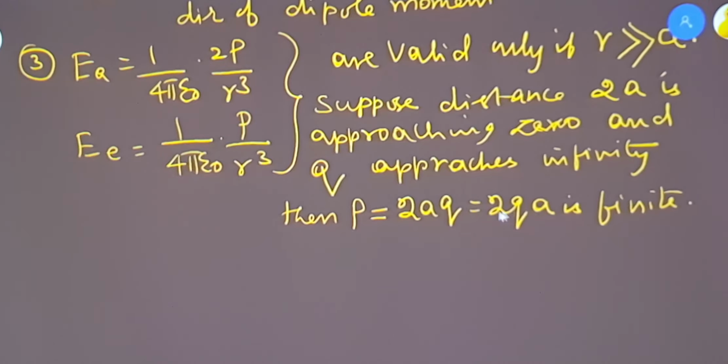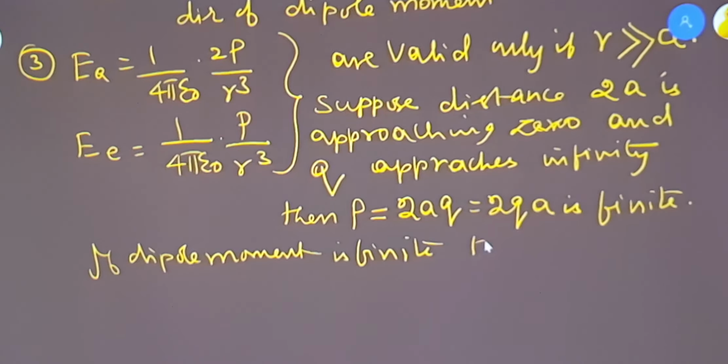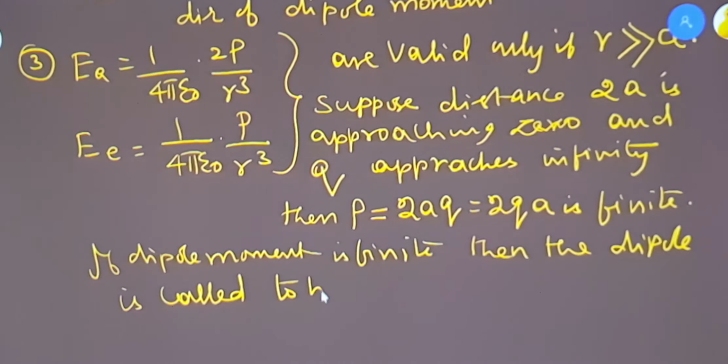If the dipole moment is finite, then the dipole is called a point dipole.